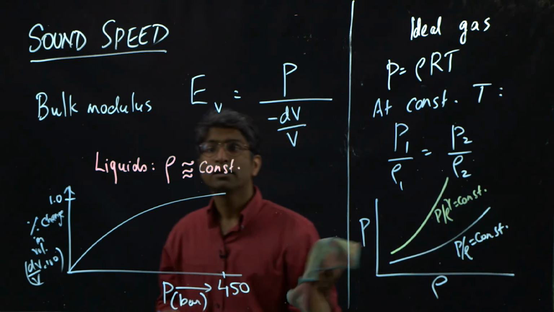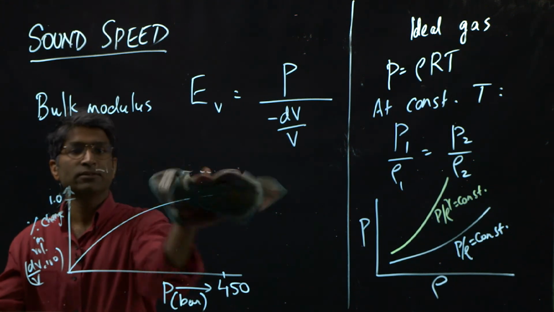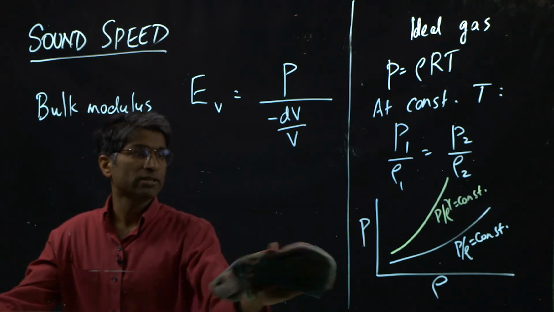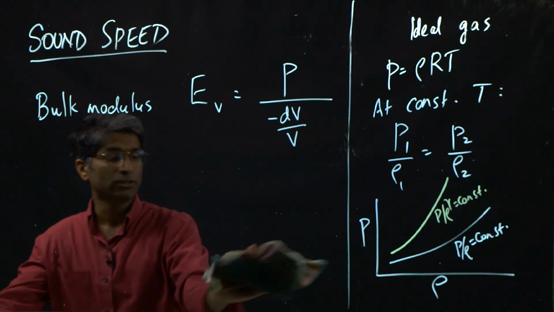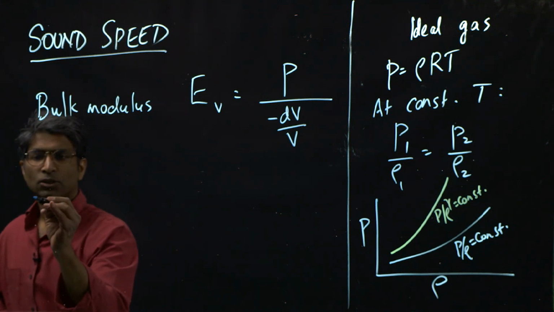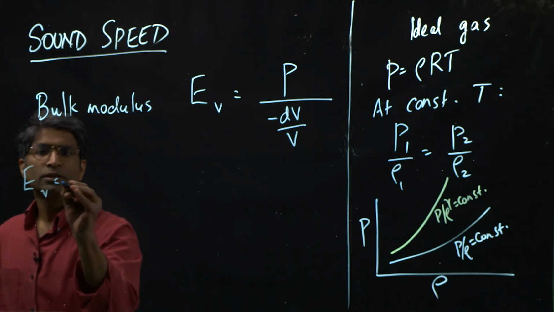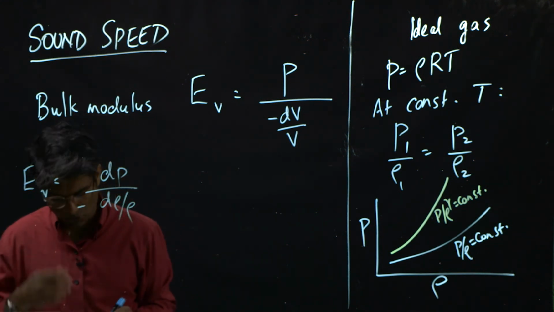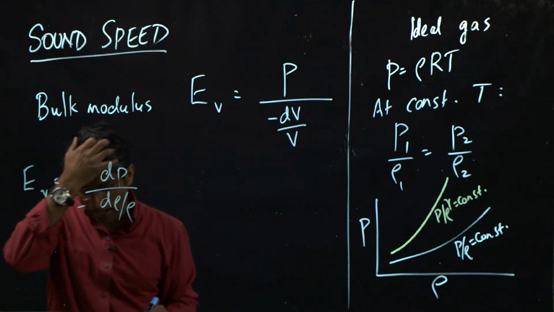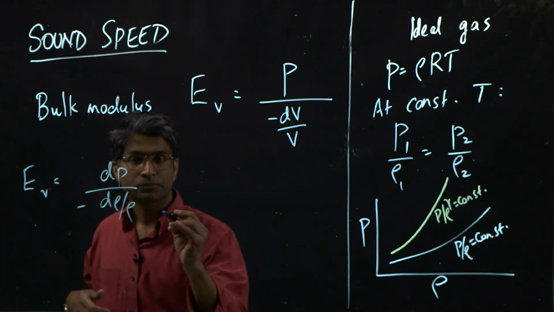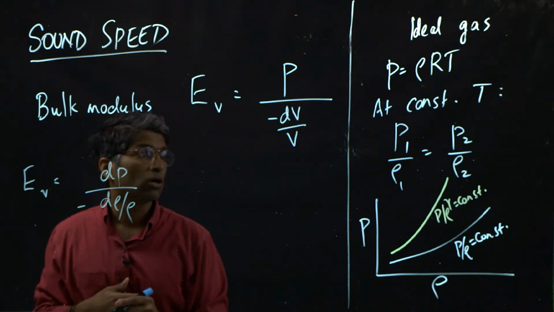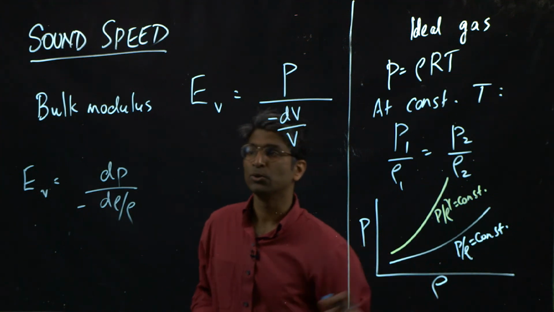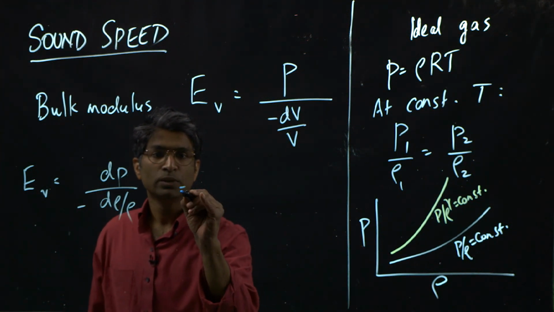So if I now calculate the compressive modulus for a gas, depending on the process, I'll get different values. E sub V is defined as dP over minus d rho over rho for the gas process, and depending on whether it's adiabatic or isothermal, you can use these relationships to get two values.